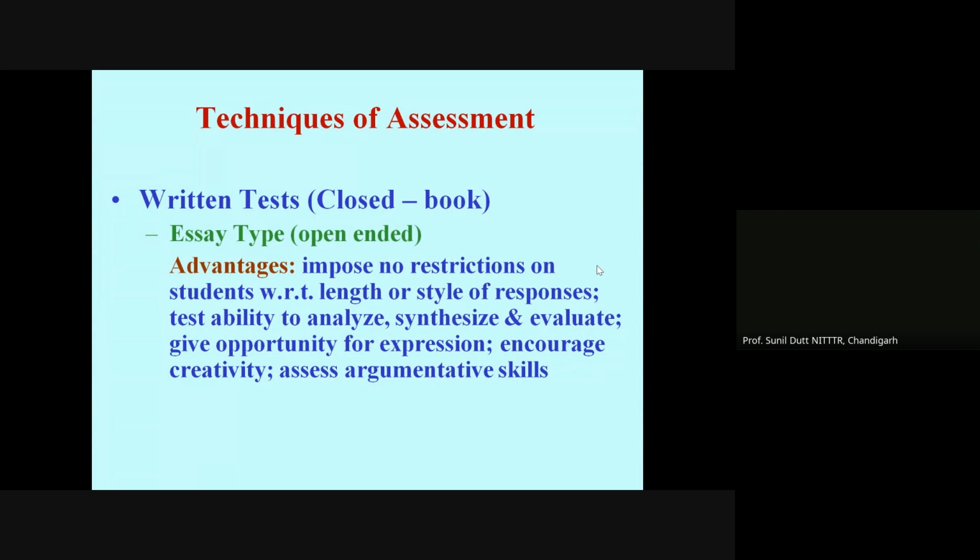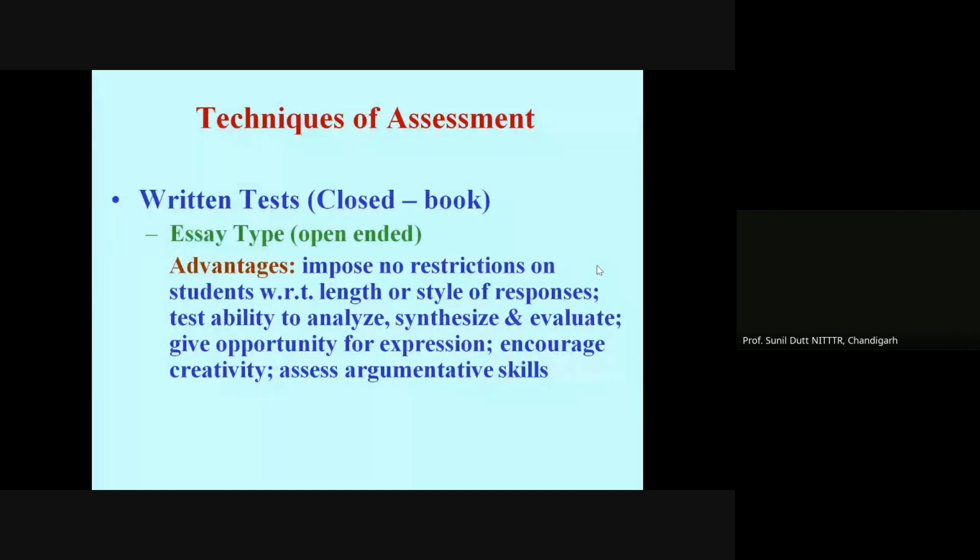For example, say the question is: write a scientific evaluation of the Copernican theory of the solar system, very elaborative, or explain how poverty can be removed in India, or describe the applications of the law of supply and demand in the real world.